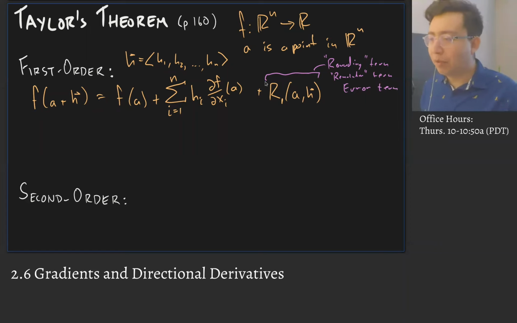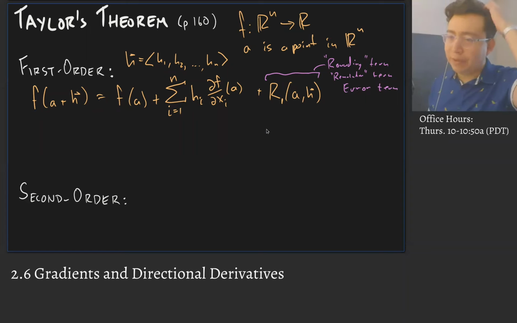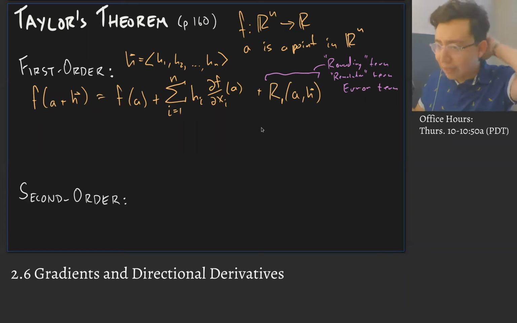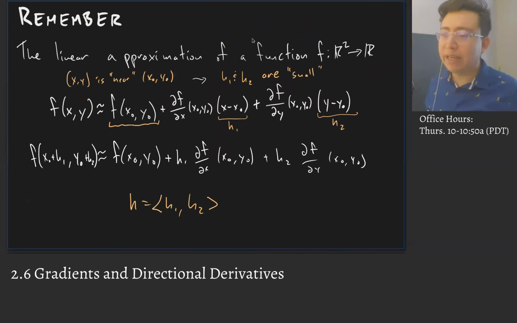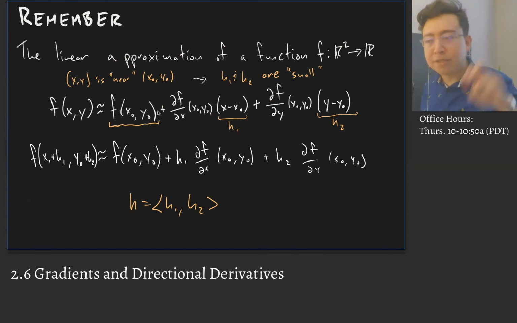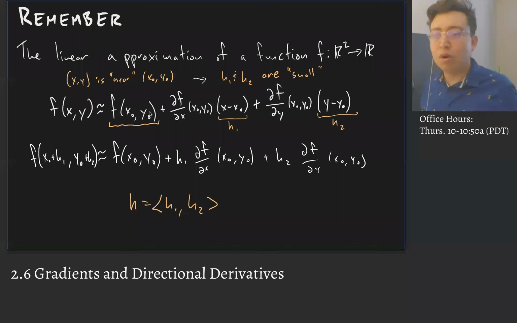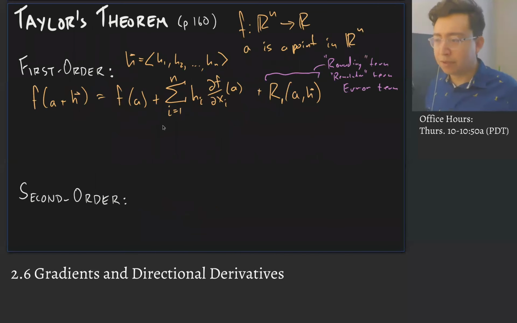But the important thing here is basically what Taylor's theorem is doing: it's making this concept of approximation more rigorous, more precise. So in other words, this is saying that you can put an honest to goodness equal sign here, but you have to take into account this error term.